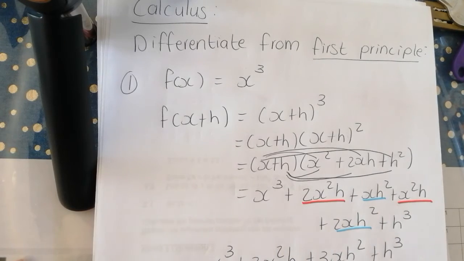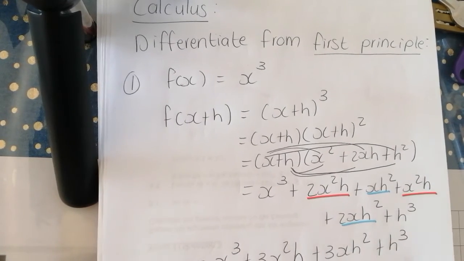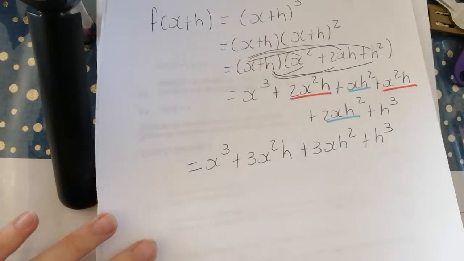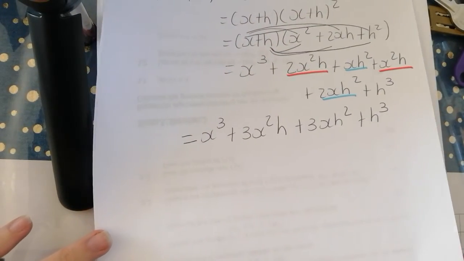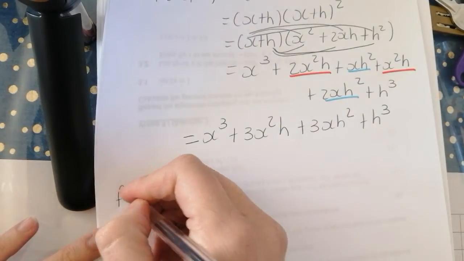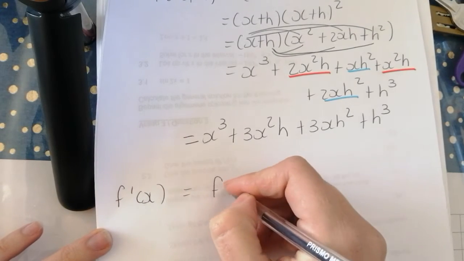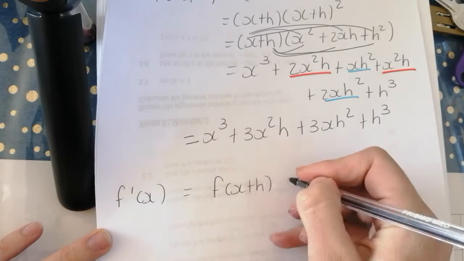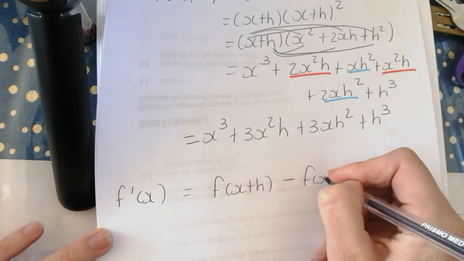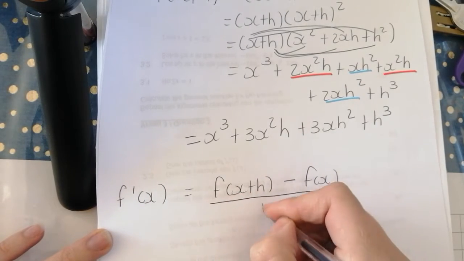Now this is simplified. So when we do from first principle, remember the rule says the derivative is equal to f of x plus h minus f of x over h.